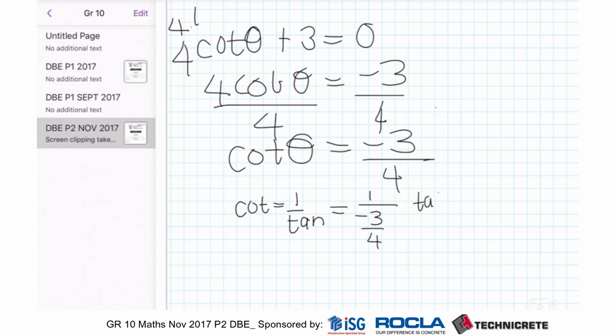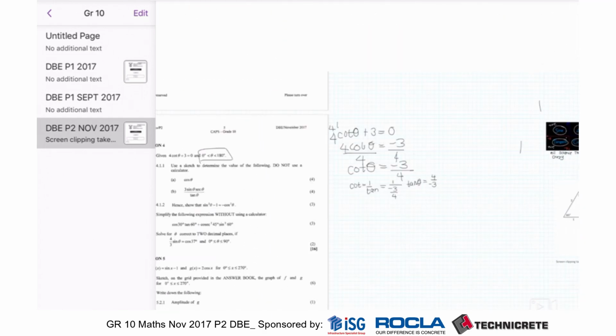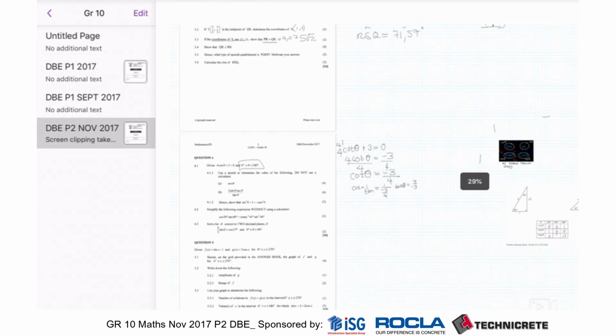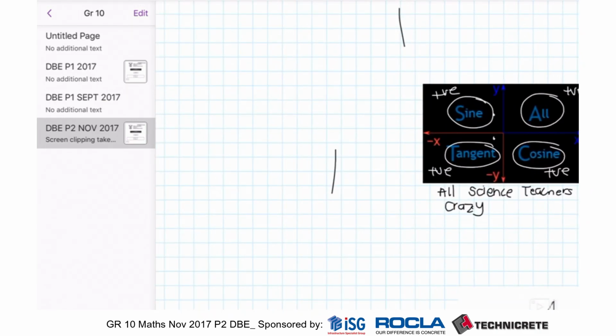So tan theta is equal to negative 4 over 3. The 3 still stays as negative, because that was where the negative was. So now that we know that it's tan, and tan is negative, and it's only falling between 0 and 180, it's got to be in quadrant 2.